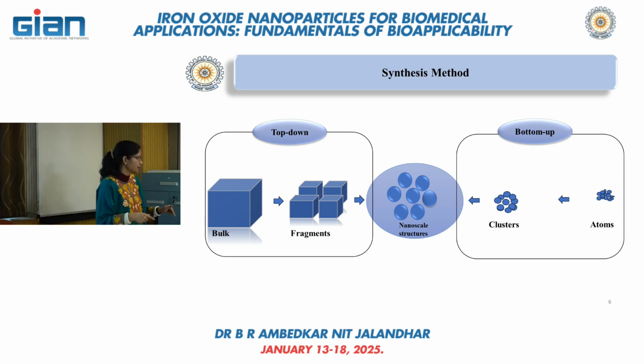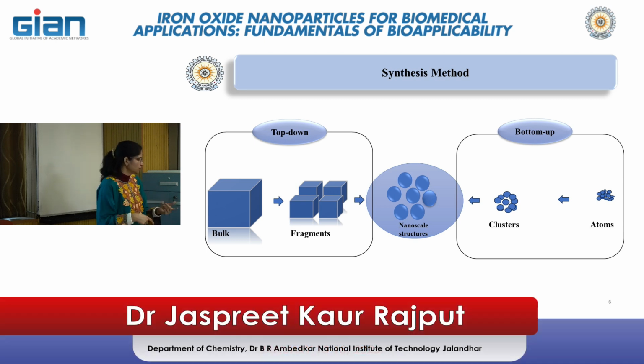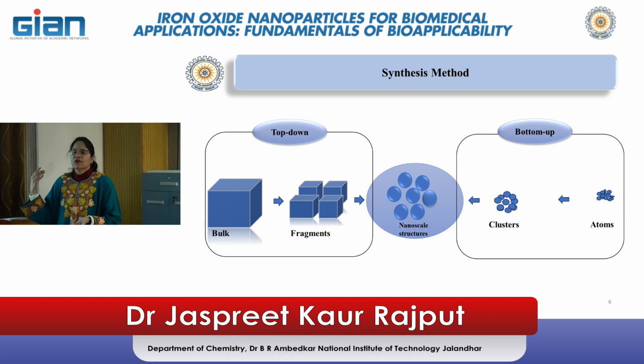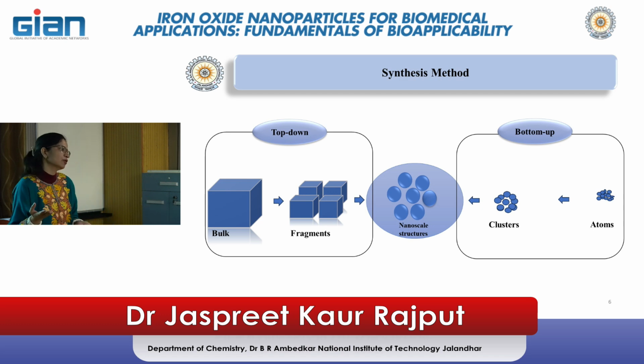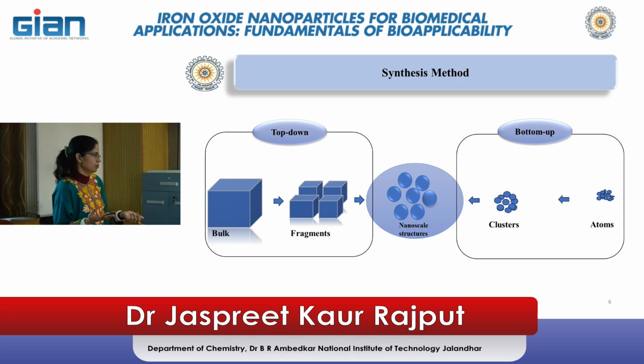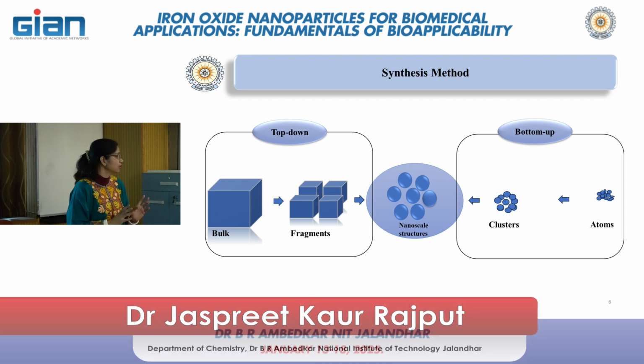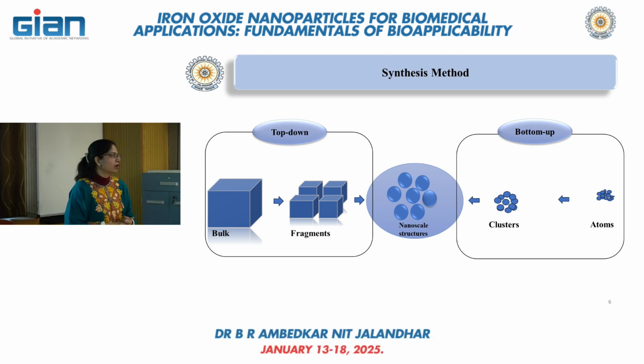In the morning's lecture, I think you have seen the discussion related to the top-down approach. But the disadvantage of the top-down approach is you will not get uniform size and shape, right? Uniform size and shape is the main problem here. But yes, it has an advantage. What is the advantage? We can have a large amount of material at the same time, right?